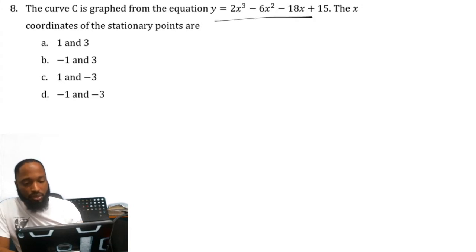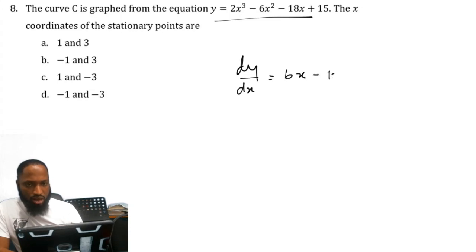The x coordinates of the stationary points are where dy/dx is equal to 0. So you want to differentiate. You're going to get 6x squared minus 12x minus 18.